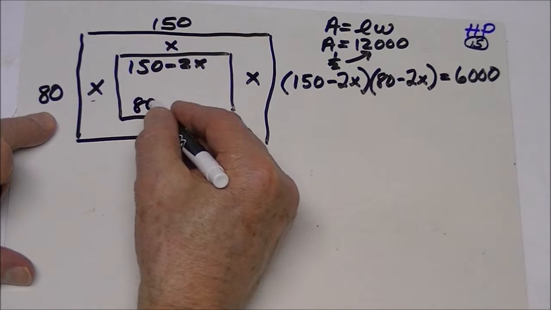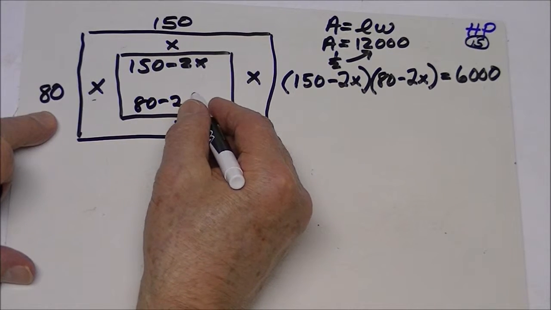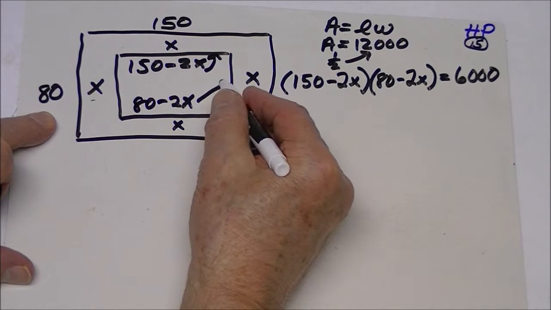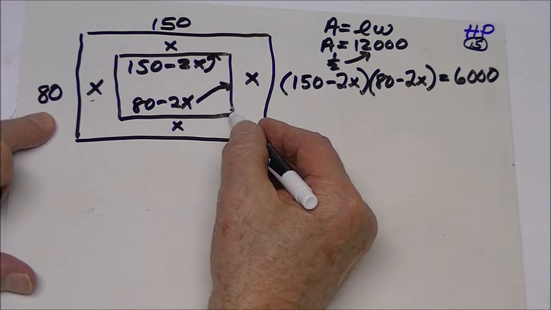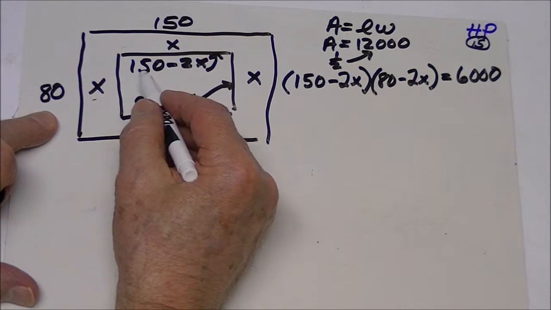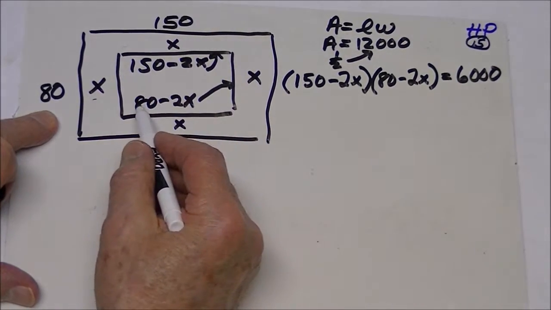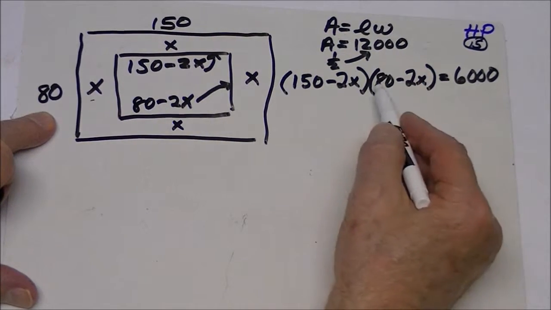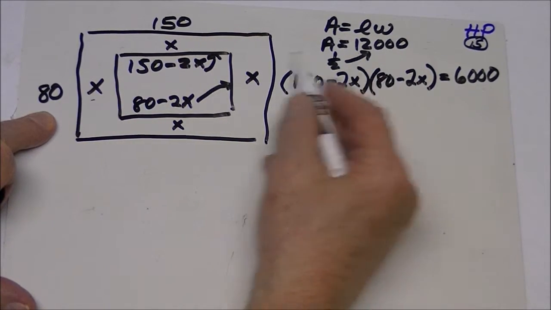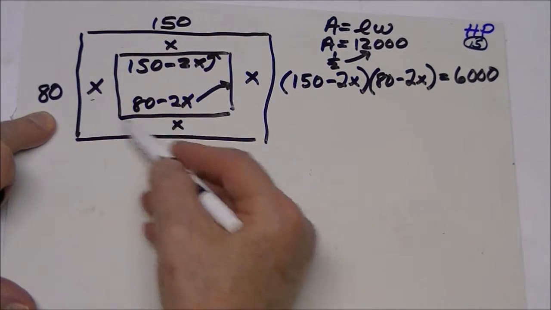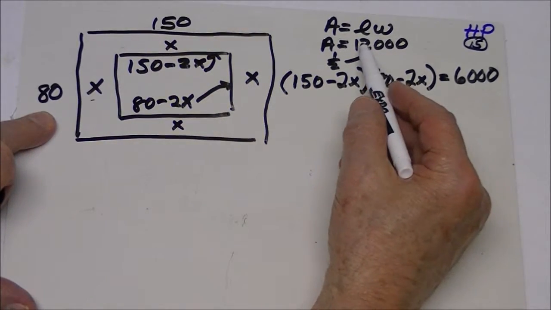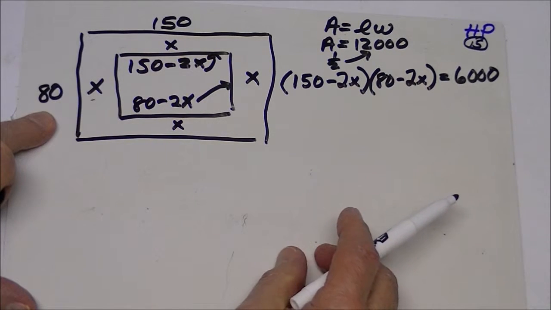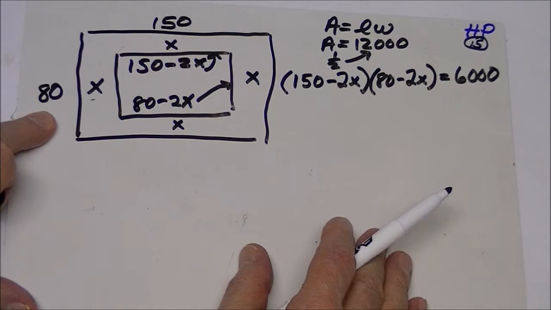So the other one is 80 minus the 2x. So again, this is our new length, this is our new width, and it's length times width, which will give us half of the overall area, which originally was 12,000, and now it's 6,000. So that's where we are.